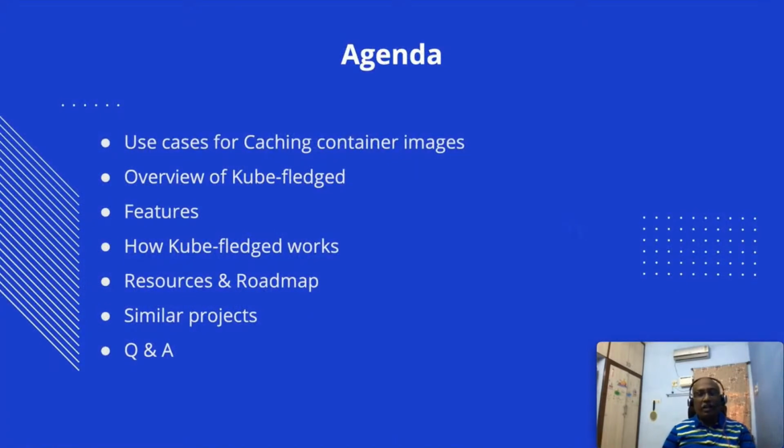So the agenda for my talk today is this. First we will cover the use cases for caching container images in a Kubernetes cluster, and then an overview of Kube-fledged, the open source project used for caching container images in Kubernetes, its features and how it works.